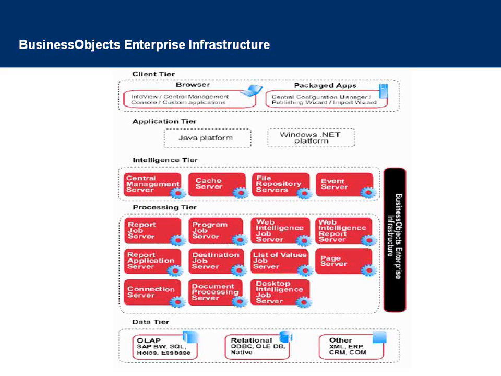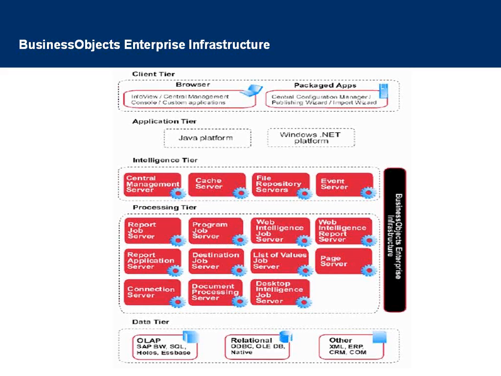So if you see here, actually this intelligence tab, the remaining servers are the cache server, file repository servers and event server. The cache server is a service which manages the temporary area, the cache area where you have all the cached pages which are viewed in the client tab. Whenever you open any report from a client tab, a copy of it will be stored in your cache server.